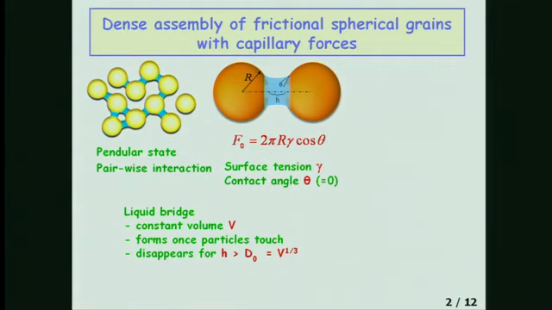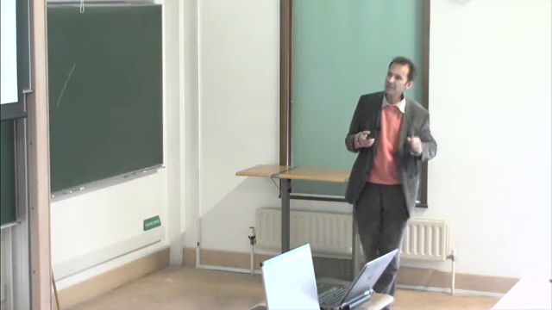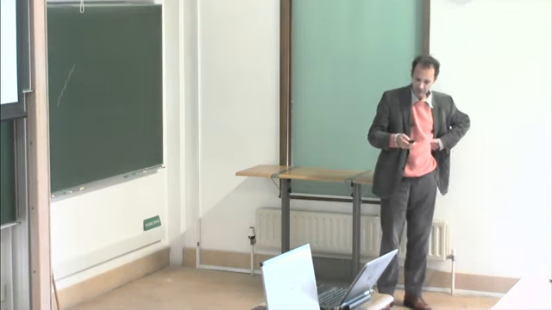There is hysteresis, so the bridge forms when particles touch, and there is a rupture of the liquid bridge for a distance larger than d0, which is simply related to the volume of the meniscus.